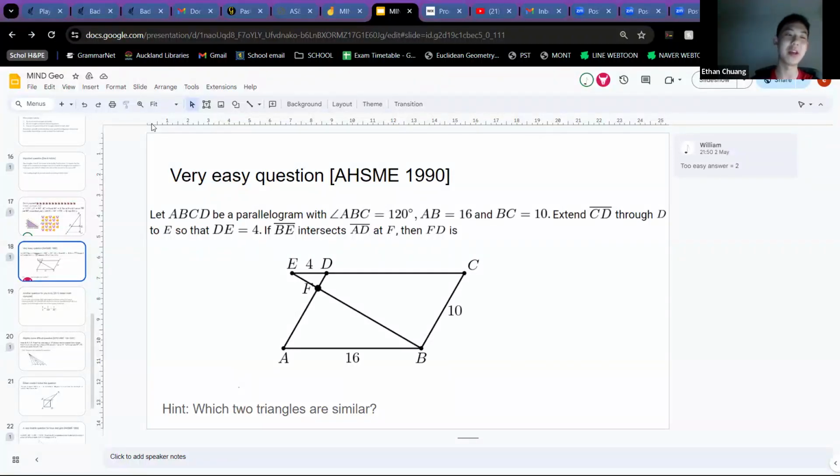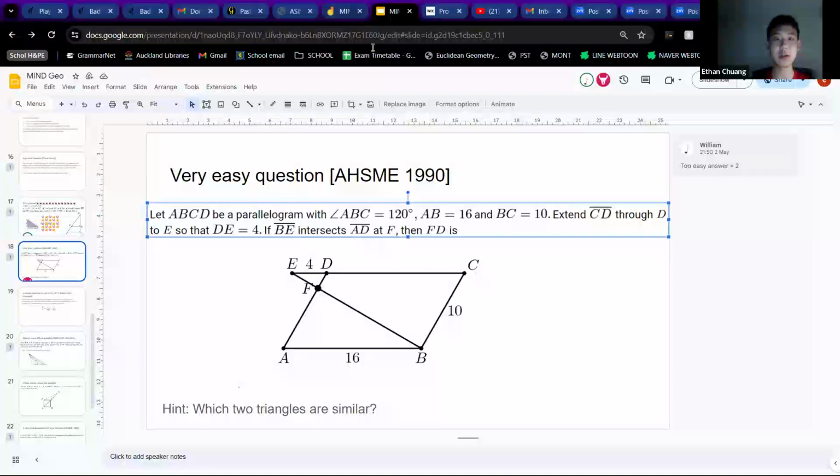Maybe it's a bit faster that way. I'll just paste the question.